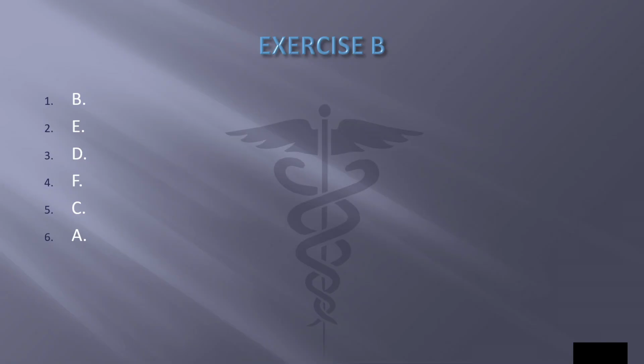Number 4, cerebro is letter F, the cerebrum. 5, encephalo is C, the brain. And number 6, neuro is A, nerve.